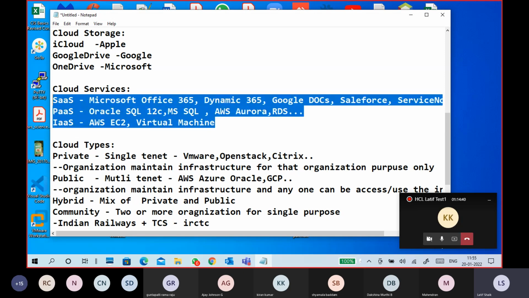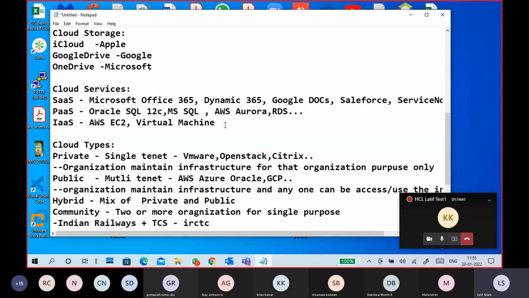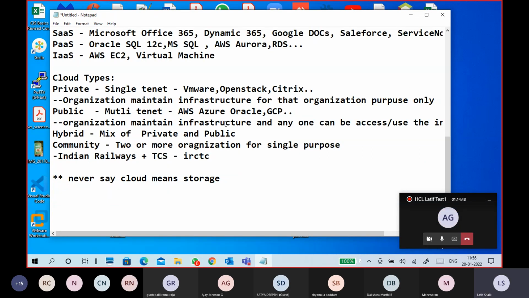So a lot of deployment services we can get from the cloud, private or public, so simply from the cloud. A lot of people say cloud means storage, no. Cloud does not mean storage. Storage is one of the services, so remember that.